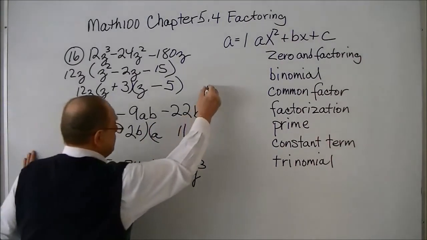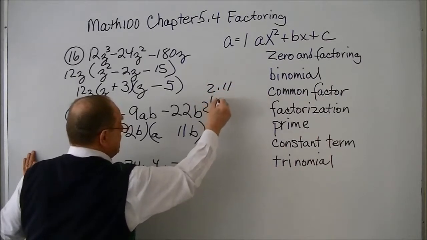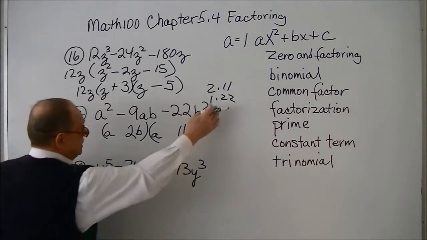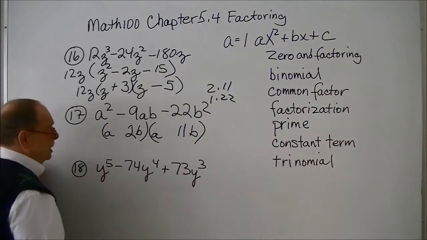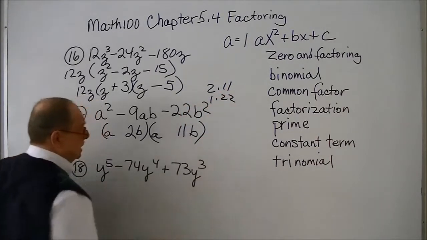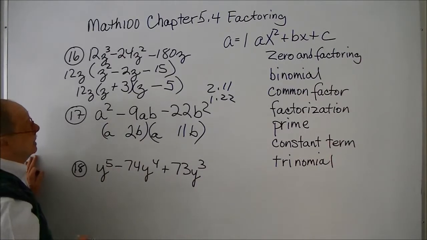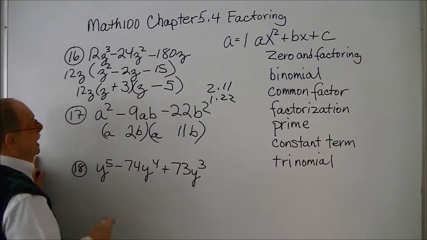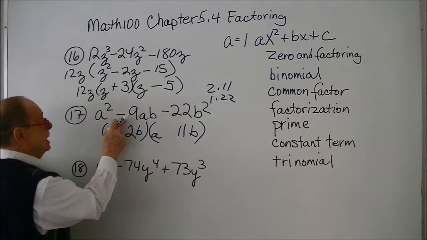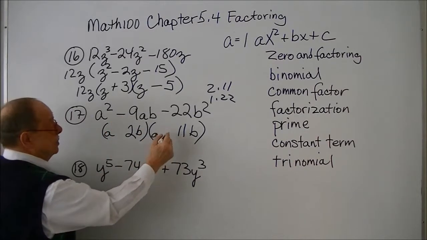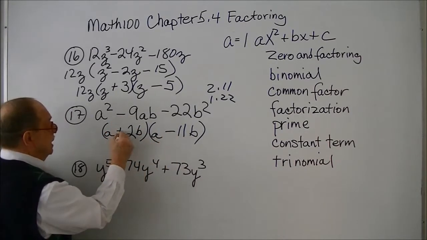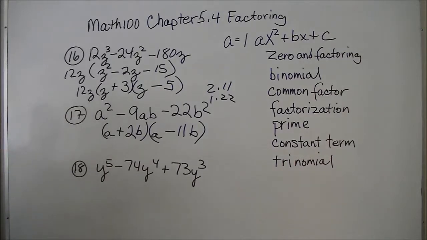Again, it's just 2 times 11 and 1 times 22. So there's not a lot of choices. But once I saw the 2 times 11 in my mind, I knew that difference was 9. That's how I got to it. And this has to be negative, the middle term, so my larger one will be negative, and this will be positive.